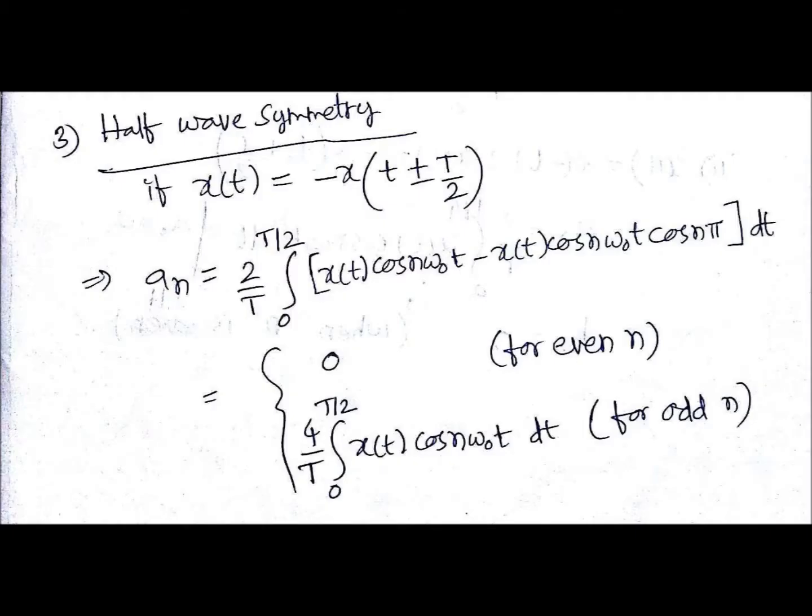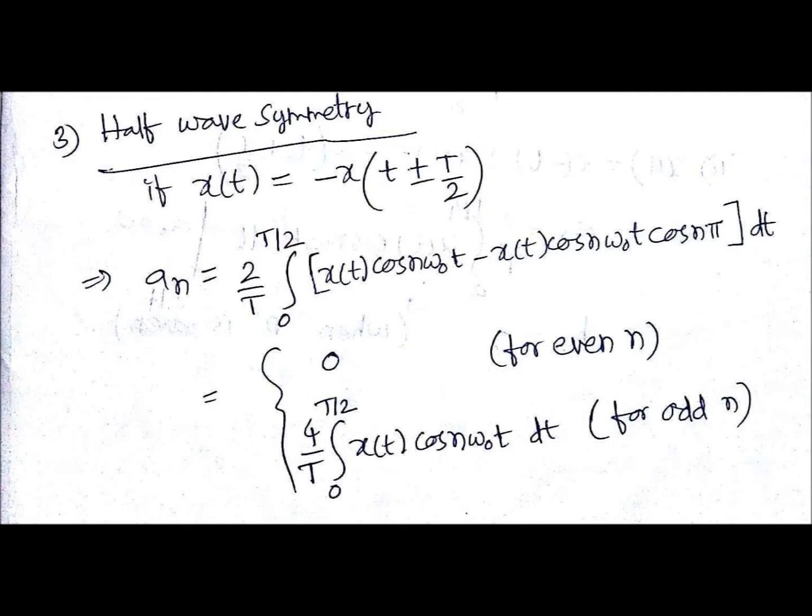The third type of symmetry is half wave symmetry. If x of t equals minus x of t plus or minus T by 2, we can say that the waveform is following half wave symmetry. Then the formulas are going to look like this. an equals 2 by T integral of 0 to T of x of t cos n omega naught t minus x of t cos n omega naught t into cos n pi.